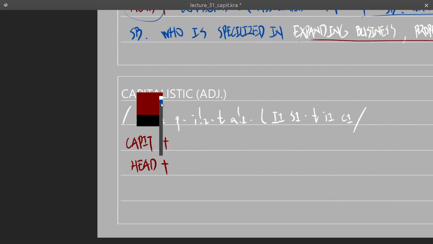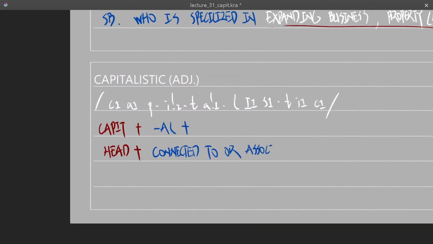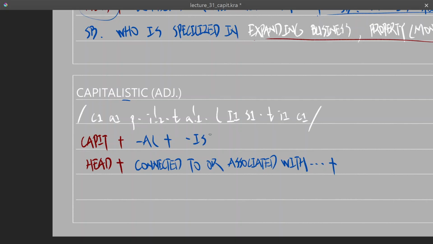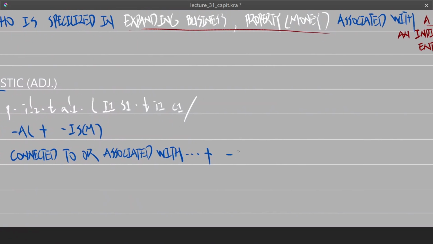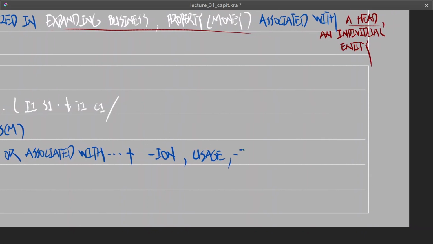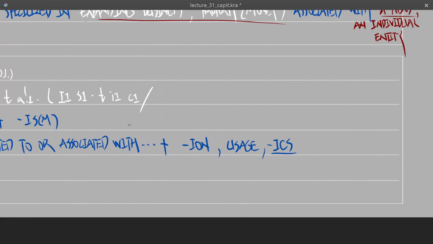And we have AL, in this case a noun suffix, meaning connected to or associated with something. And we have ISM. The suffix ISM in this case is used as a noun suffix, it could mean action or usage, as in physics it means a set or body of principles or knowledge.